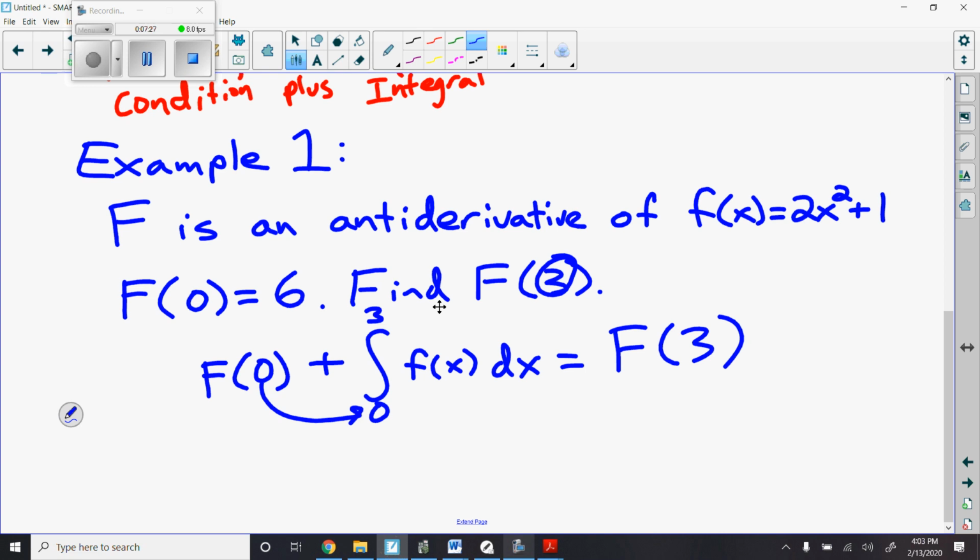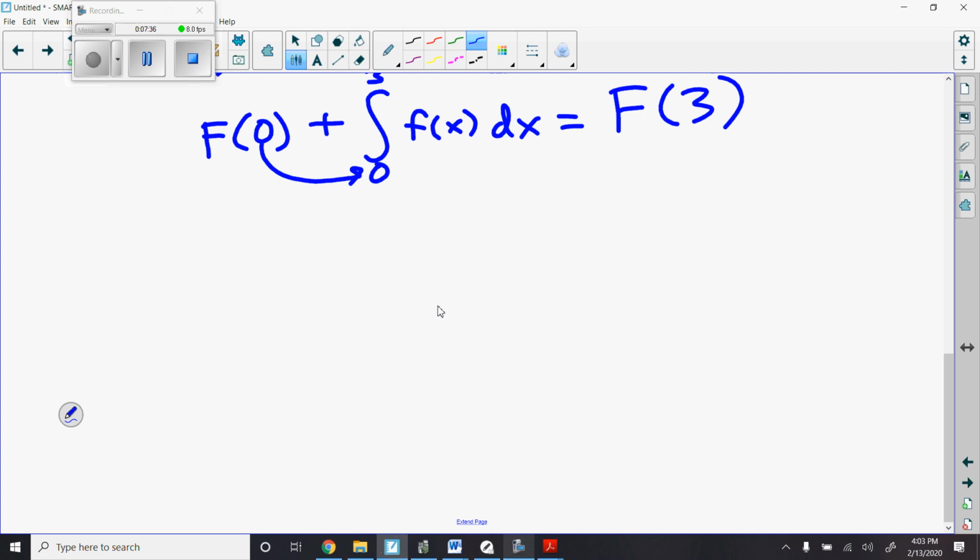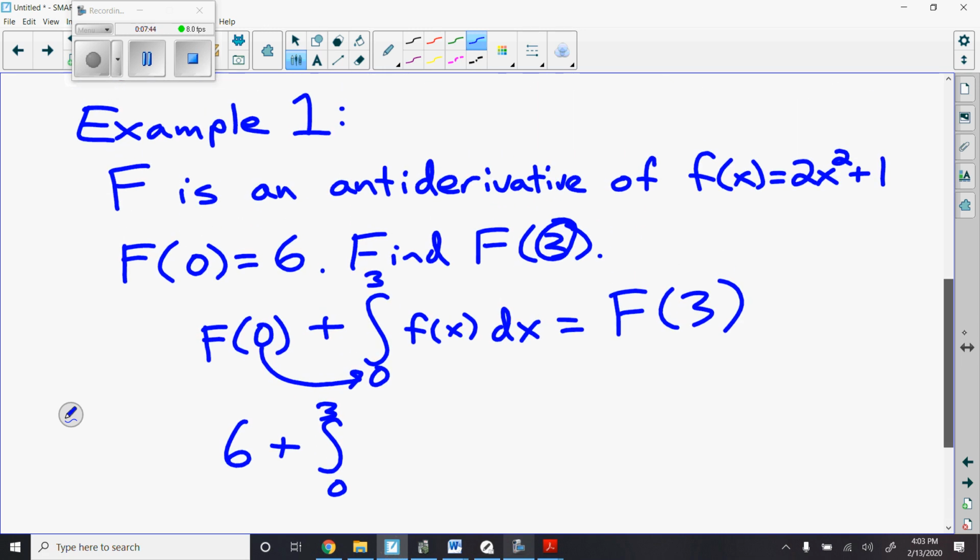So let's start plugging stuff in and solving this thing. First off, I know F of 0 has a value of 6, so I'm just going to replace the F of 0 with 6. It's the initial condition. And it's going to be the integral from 0 to 3 of my function f of x. I know that my function f of x is 2x squared plus 1.